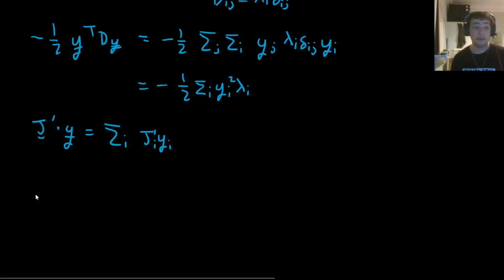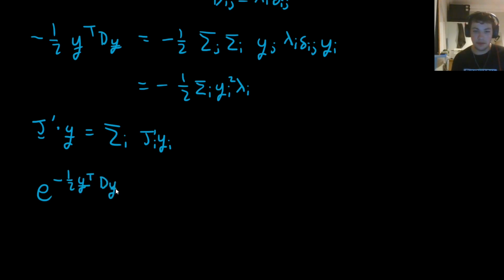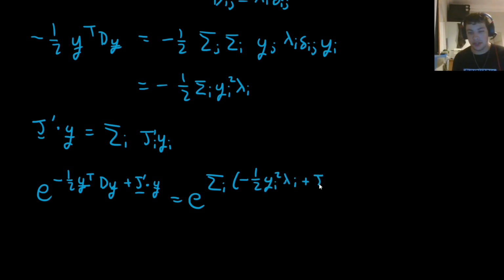I'm going to leave that as j primed i for now, and that means that e to the negative half y transpose Dy plus j primed dot y is e to the sum over i of minus 1/2 yi squared lambda i plus j primed i yi.